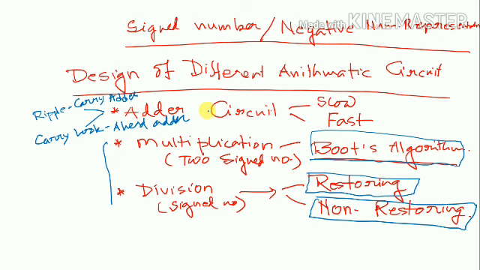Clear? So actually here we have to study these 5 different important topics. Number 1 ripple carry adder, number 2 carry look ahead adder, number 3 Booth's algorithm, number 4 restoring division, and number 5 non-restoring division. So this chapter, the LU.